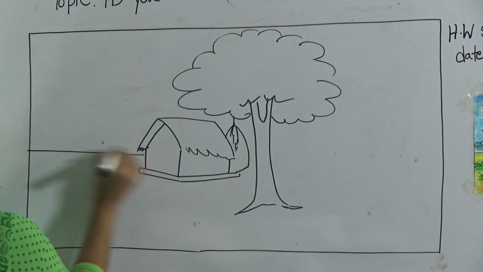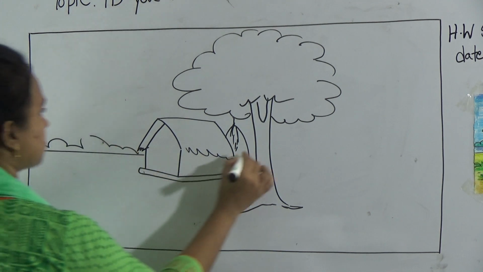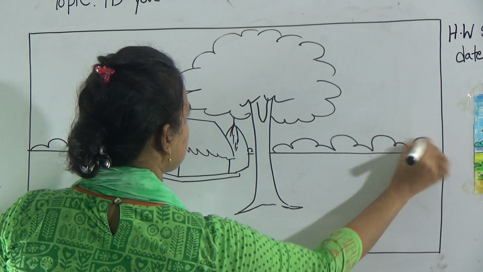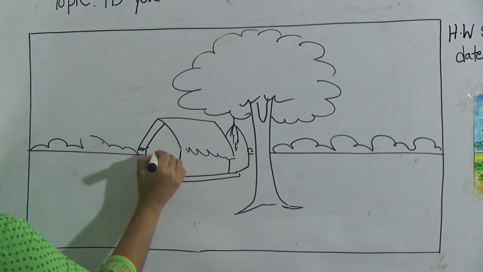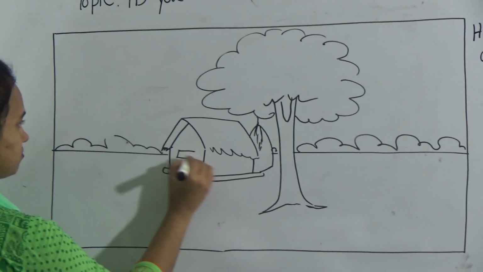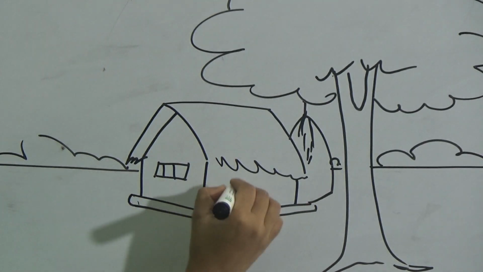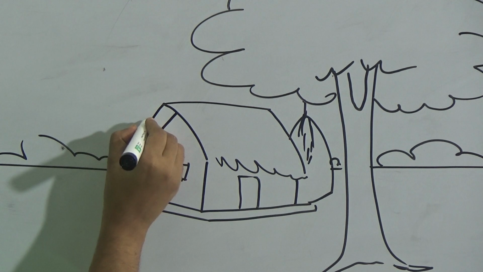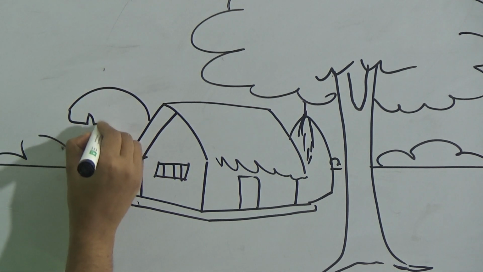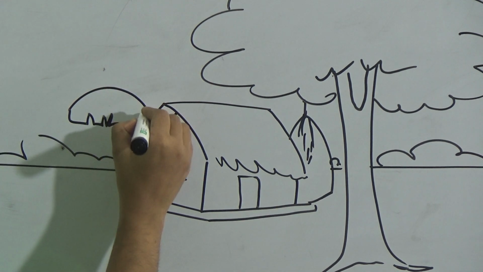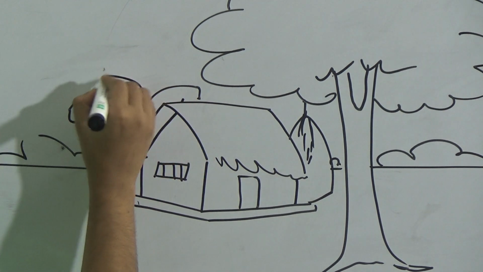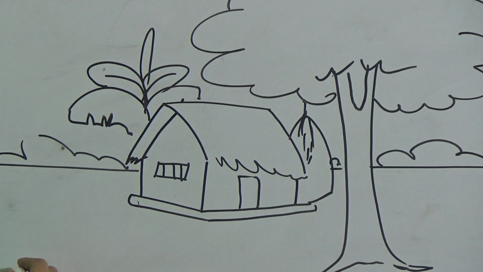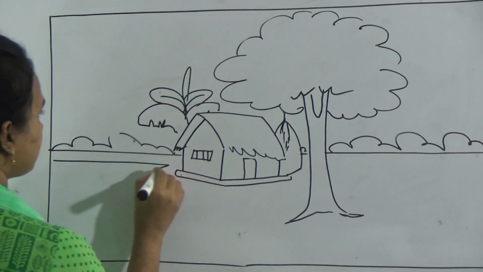Then we will give the far village, and on the house give the window, door, and here you can draw a banana tree also, okay. Now give the river.